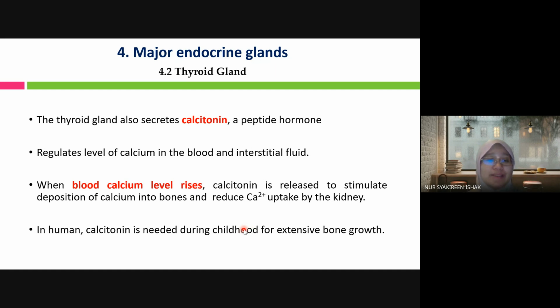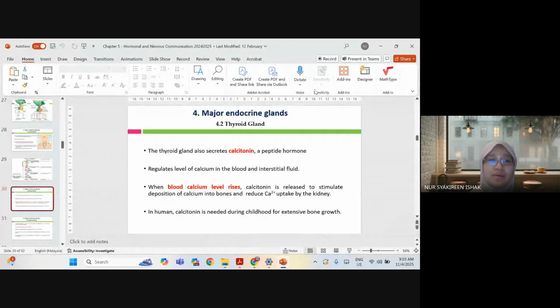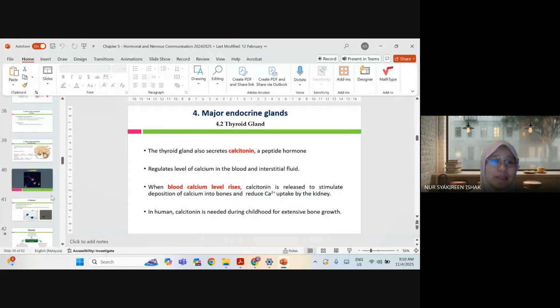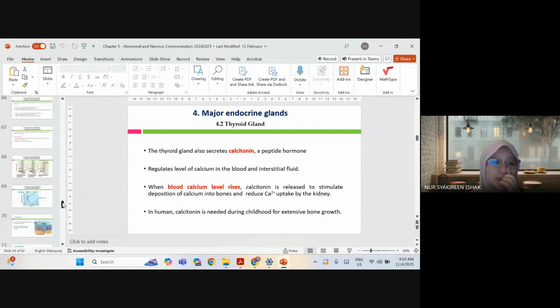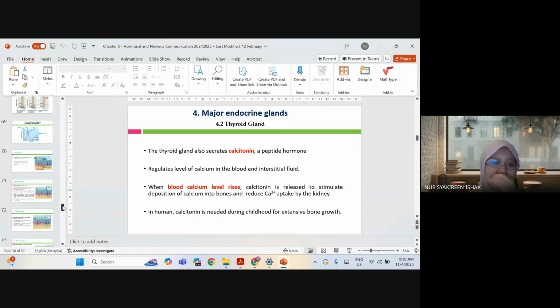But your body still needs calcium, for muscle contraction, for transmission of impulse. Nanti kita tengok in the next part, calcium also is required during impulse transmission. So memang kena ambil calcium, especially yang perempuan kan, bila kita period semua.